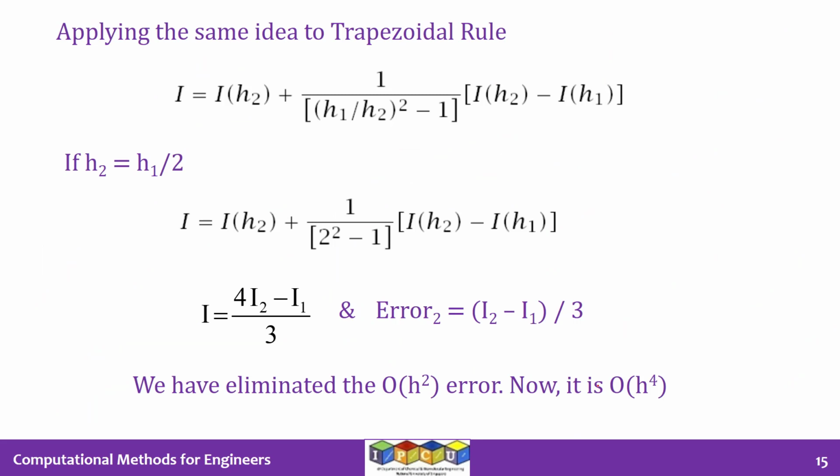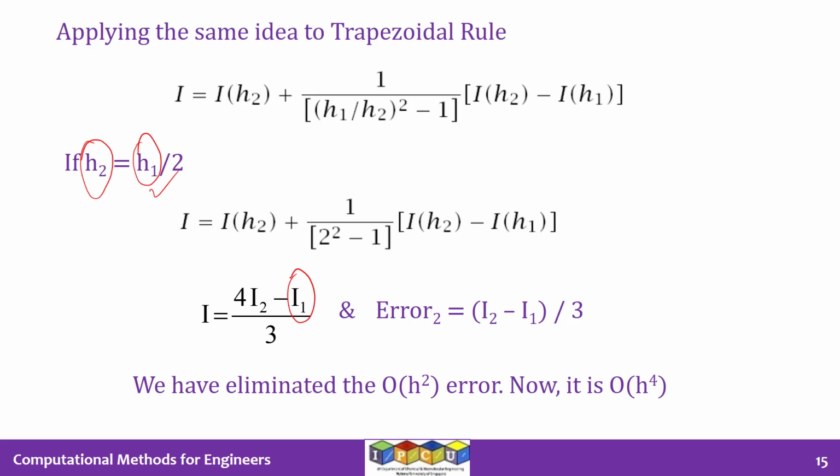Now we can apply the same idea to trapezoidal rule, and then the expression we get there with a similar logic, right? H1 is the coarser grid and H2 is the finer grid, because H2 is H1 by 2. So H2 has half the step size as H1. So with that, if you evaluate the integral using trapezoid rule with a coarse grid size, you get I1 to be an estimate of the integral.